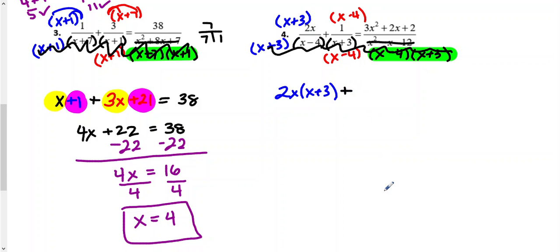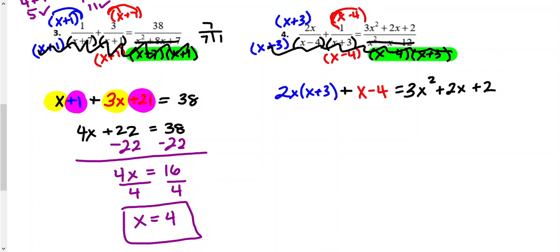plus, well, 1, again, if I distribute, it's just going to give me the same thing, which is x minus 4 equals 3x squared plus 2x plus 2.